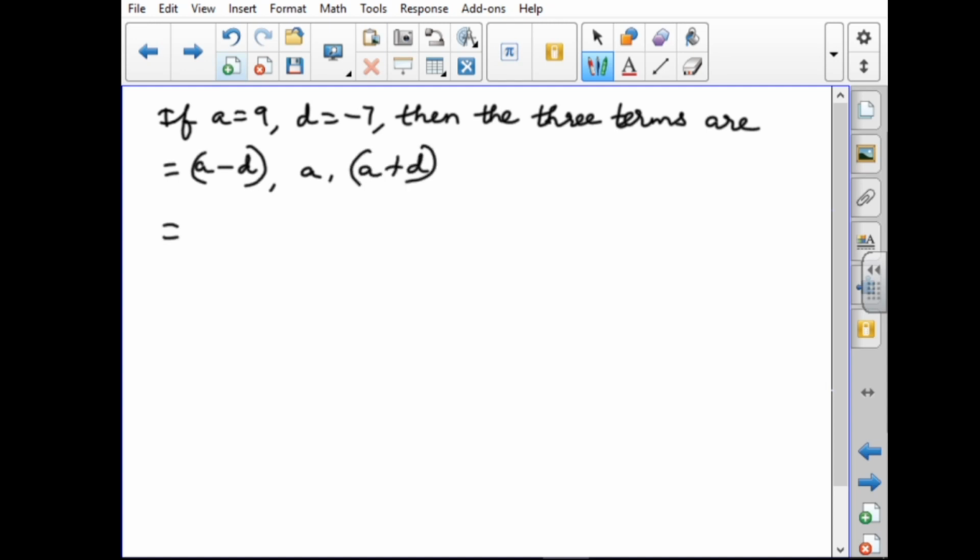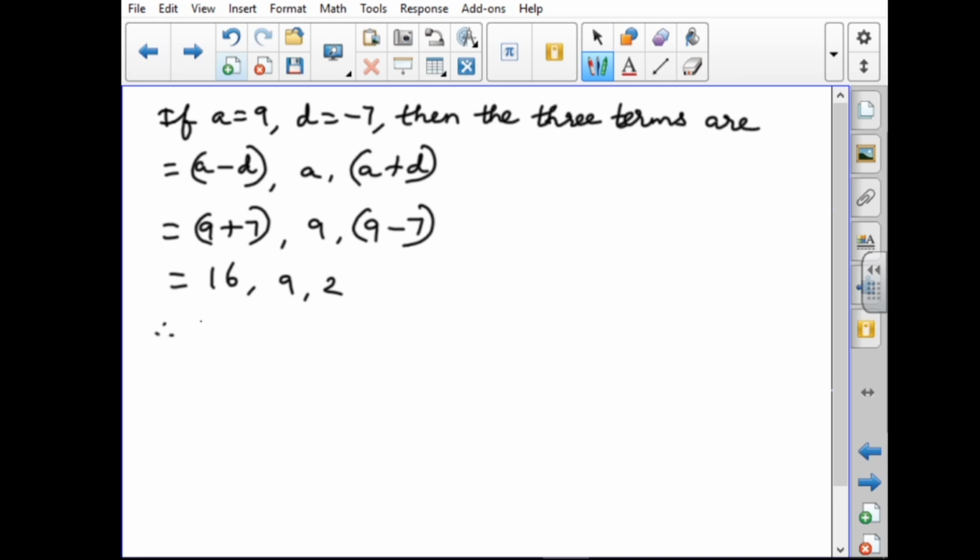Here you substitute the a and d values. So 9 minus (minus 7) is 16, comma 9, comma 9 minus 7 is 2. Compare the two results. The first one is 2, 9, 16. The second one is 16, 9 and 2. We are getting the reversed solution.